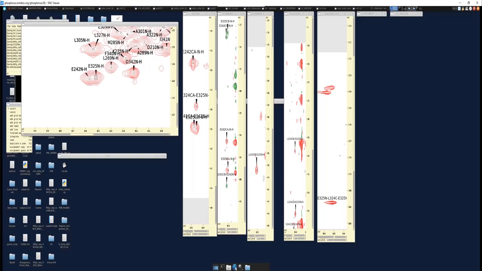So how do we use the HNCO to assist us in our actual sequential assignment? So as we've seen here, in many cases, you need an experiment that shows you the I and I-1 so you can connect them. The HNCO shows you the I-1, but there is an experiment that shows you both the I and I-1 carbonyl.